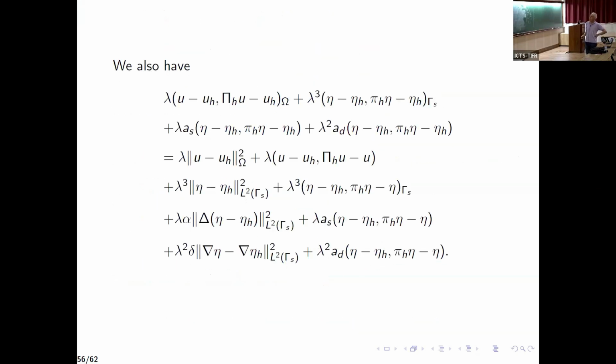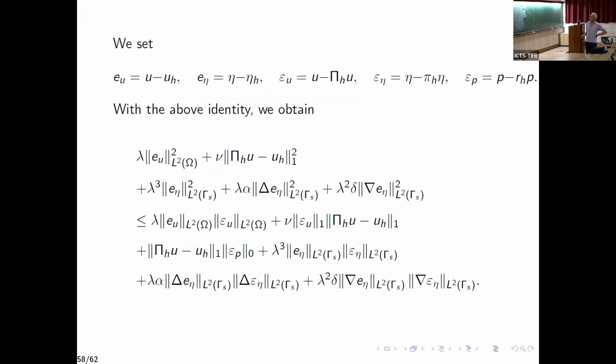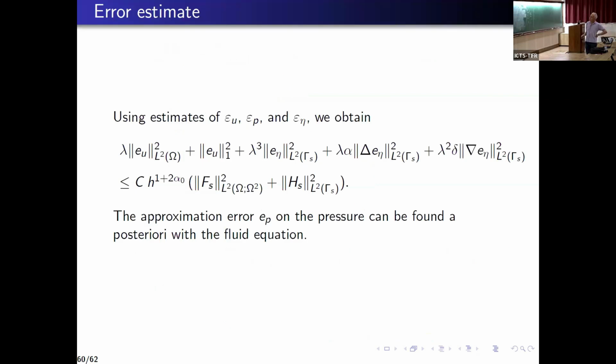And at the end, what I obtain after a long list of calculation is the following result. It means that the error for the velocity in L2 norm plus the error in H1 norm plus the error for eta and the error of Laplace of eta, and also this comes from the damping term.